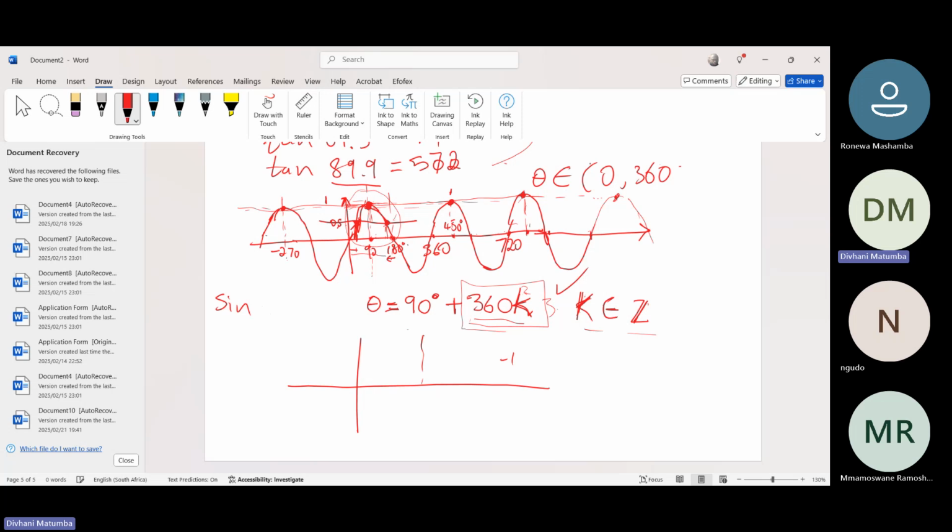What you will notice with the tan graph is that it has asymptotes at 90 degrees and 270 degrees.